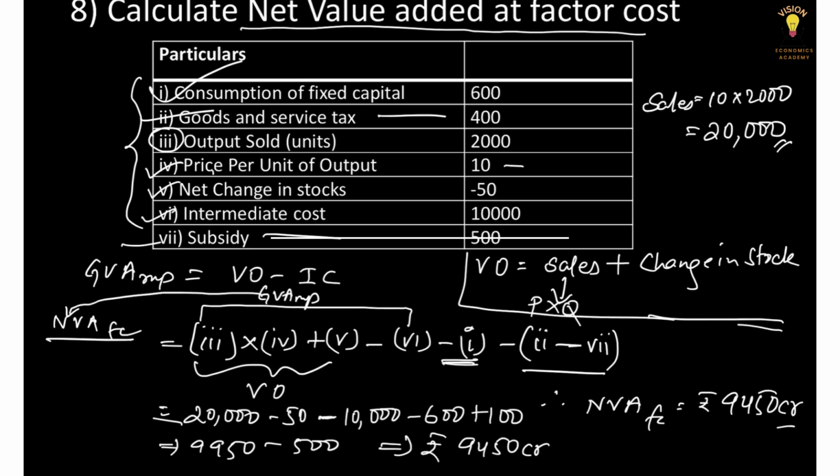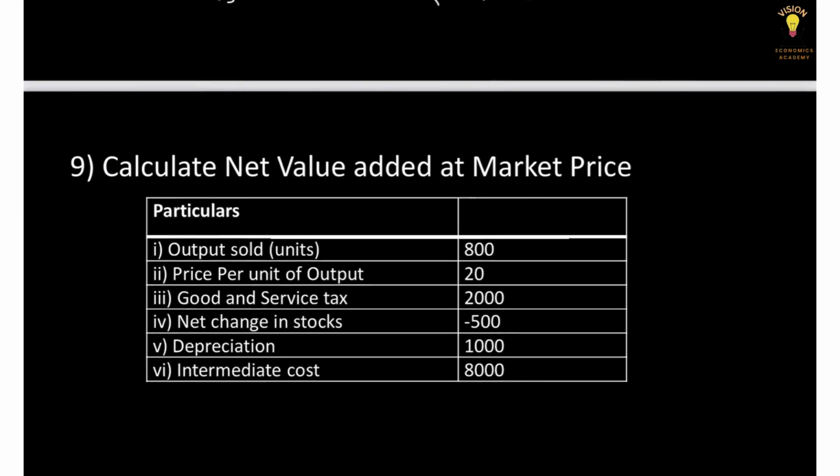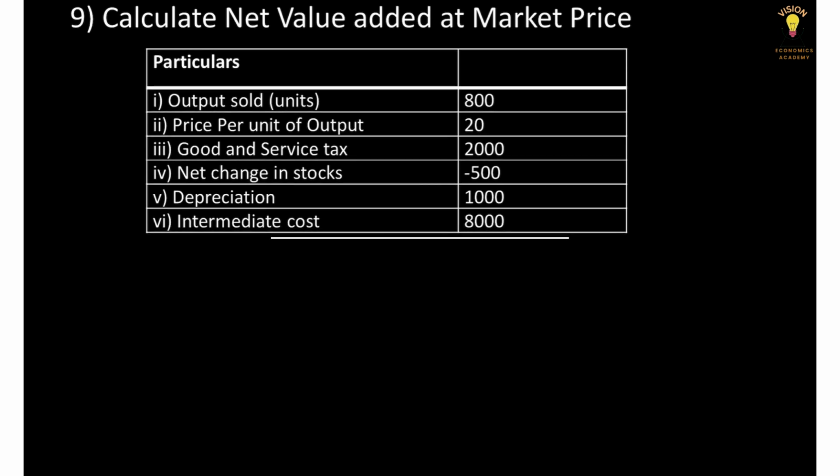Now let us quickly move to question number 9. What they have asked here is to calculate value added method at market price. Let us see what else is given here. Here price is given, output is given, so it becomes sales, plus change in stock is also given.